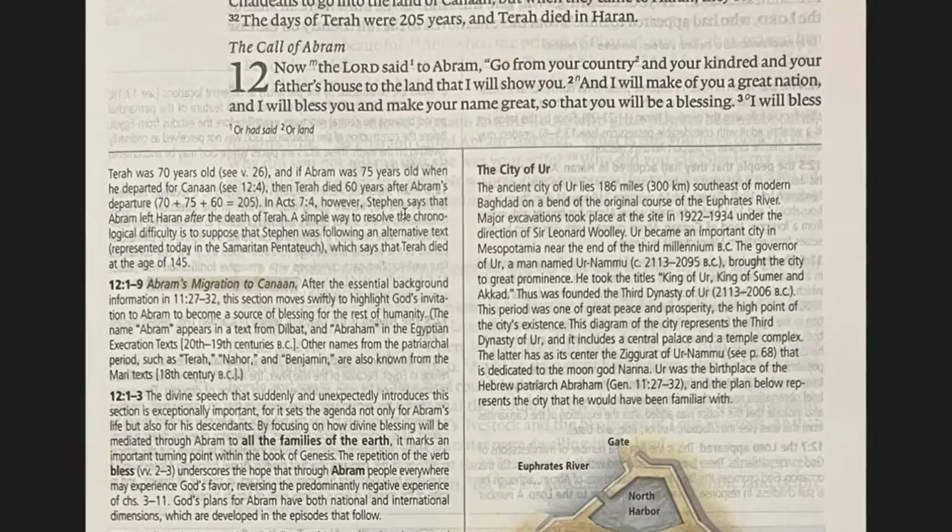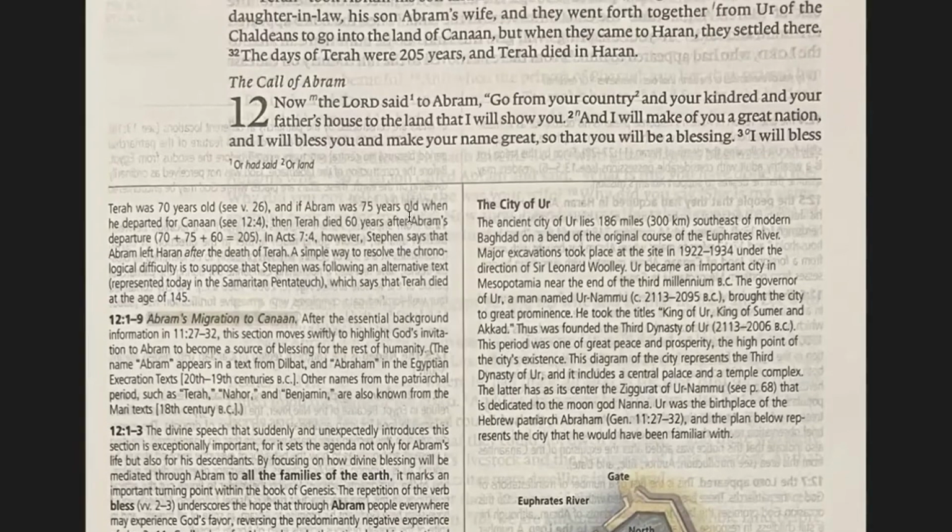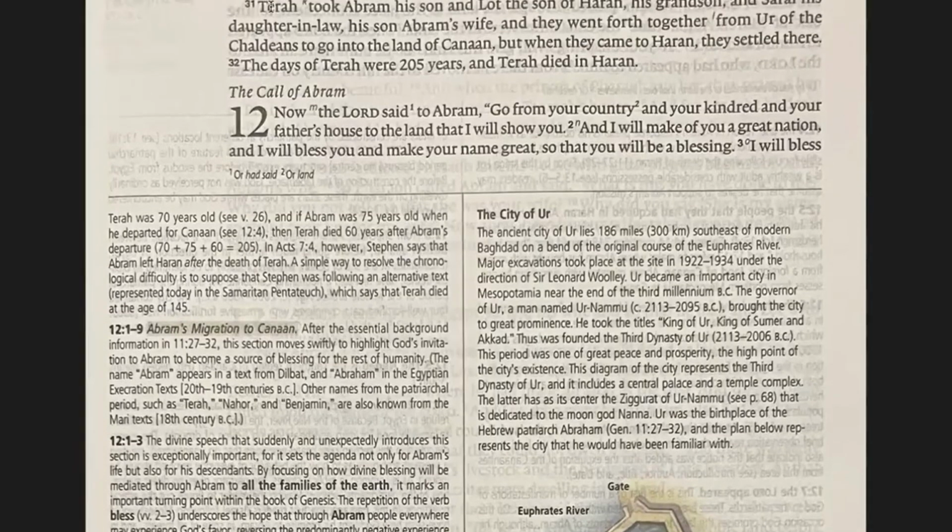Let me see something. Terah took Abram, his son, and Lot, the son of Haran, his grandson, and Sarai, his daughter-in-law, his son Abram's wife, and they went forth together from Ur of the Chaldeans to go to the land of Canaan.